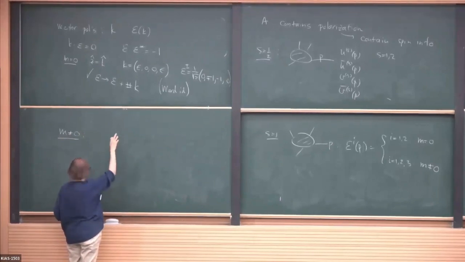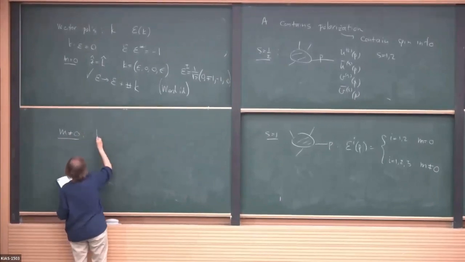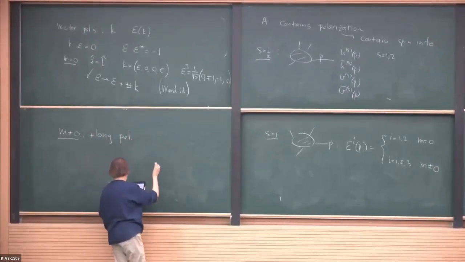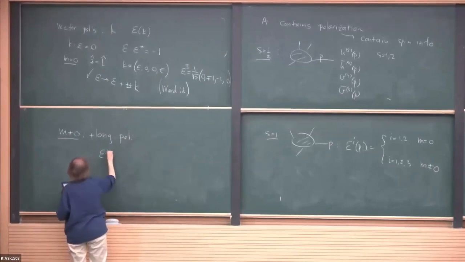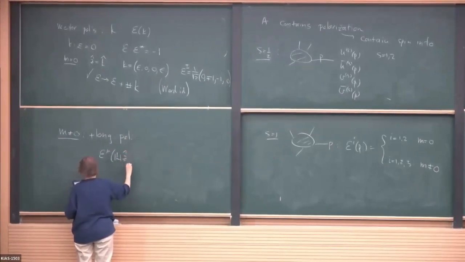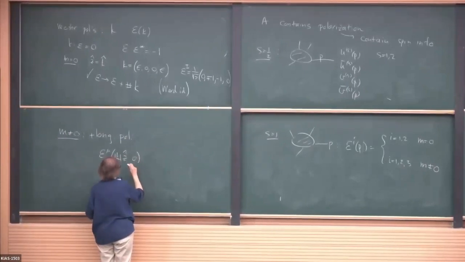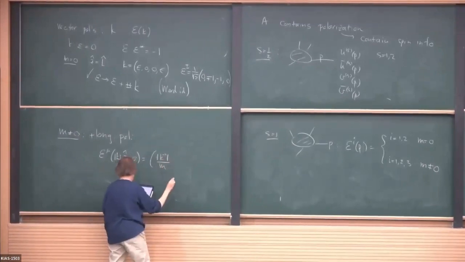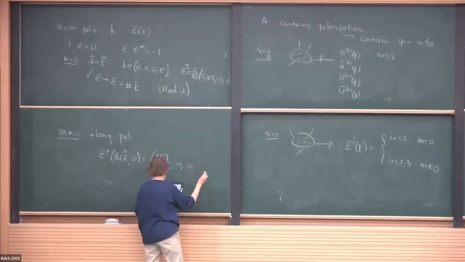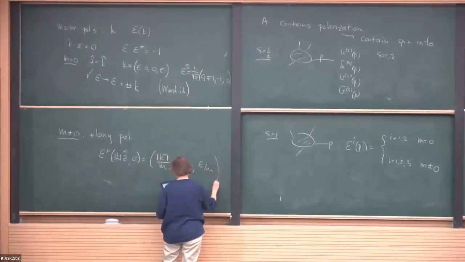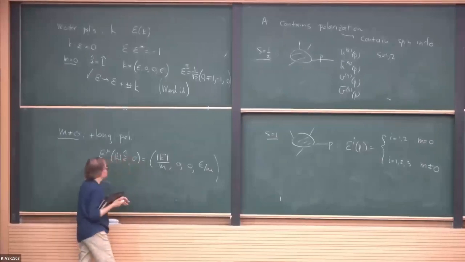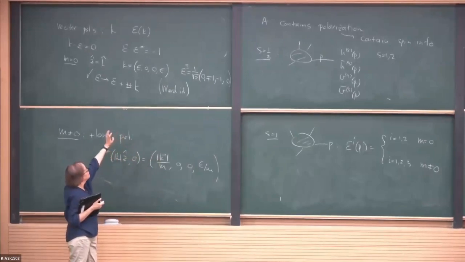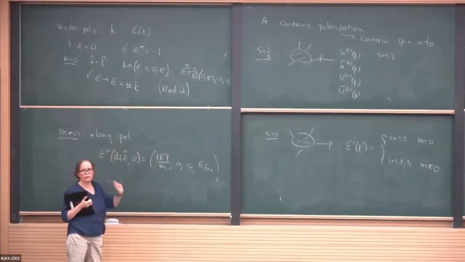Then in addition to these two polarizations that we wrote over there, we also have a longitudinal polarization, which is the following: epsilon mu of k, z, and the zero label is k over m, 0, 0, E over m. And you see that this does depend on the magnitude of the momentum itself. Unlike the previous one that doesn't care about the magnitude, it only cares about its direction.